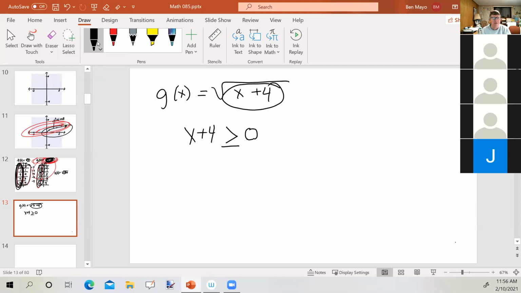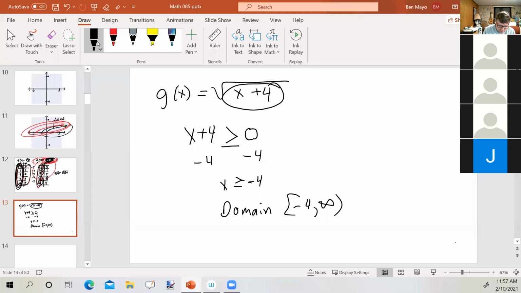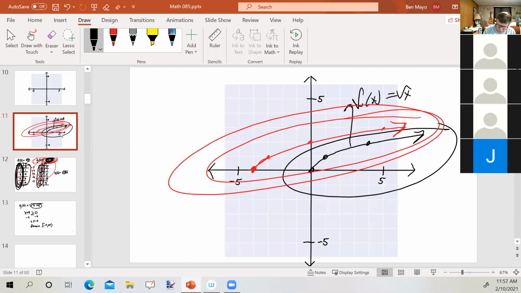So if the radicand is greater than or equal to 0, we're okay. We can take an even root. So let's solve this. We get x greater than or equal to -4. So the domain, x goes from -4 to infinity, including -4, and then open at infinity. Does that make sense? So that's the same graph that was red right here.